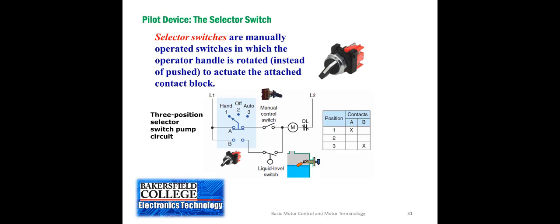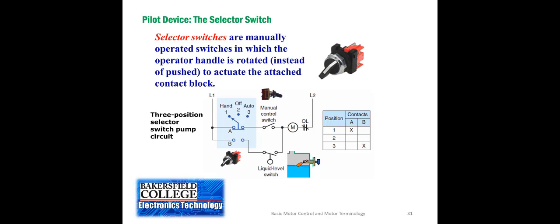So for example, this one shows a selector switch being used for hand, off, automatic, HOA. Now, when it's on the selected position of hand, then it will turn on by itself. You can operate that motor or that piece of equipment by itself.